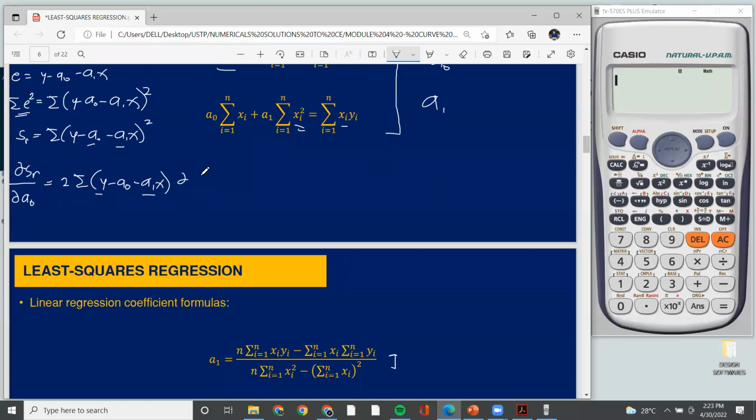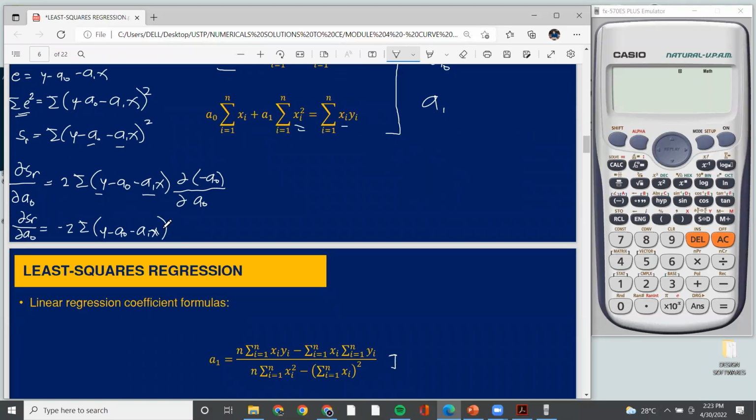Times the partial derivative of negative a sub 0 with respect to a sub 0, which is negative 1, so we don't write the coefficient anymore since it's 1. Then with respect to a sub 0, consider the other term as constant, so its partial derivative is 0. So cancel out si a sub 0. So ang mabilin is the partial derivative of the residual error with respect to a sub 0 equivalent to negative 2 times summation of y minus a sub 0 minus a sub 1 x.